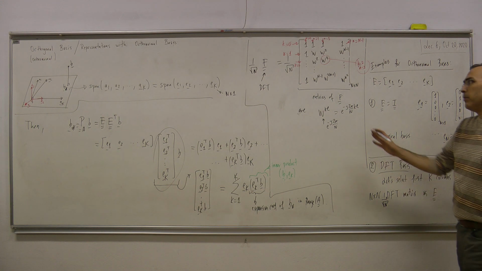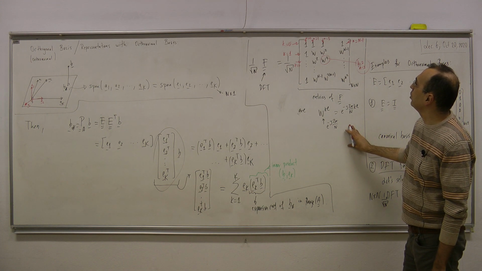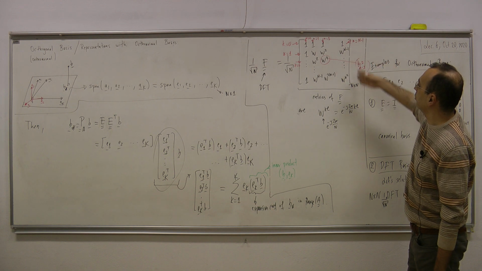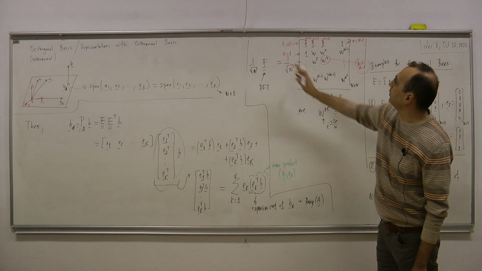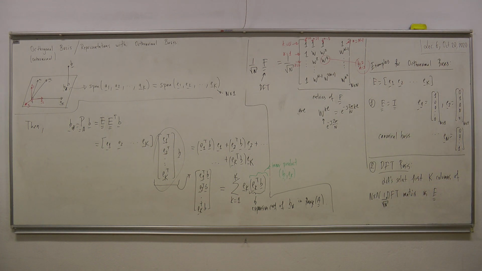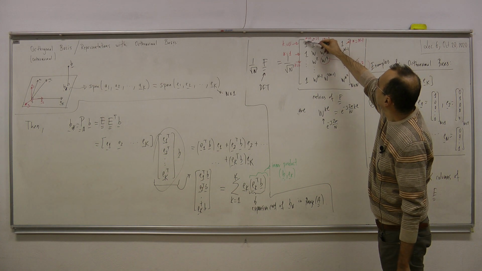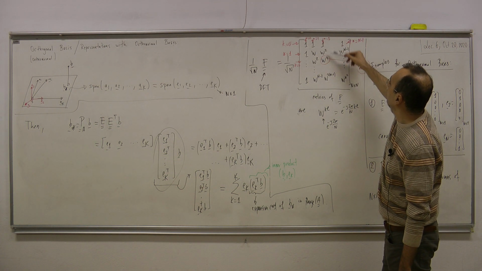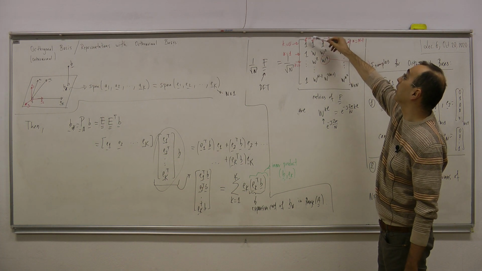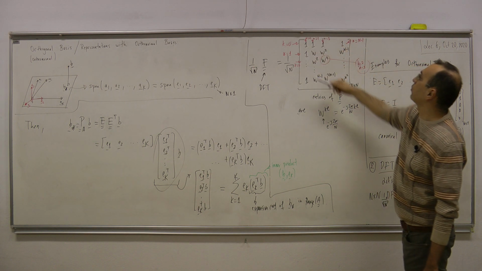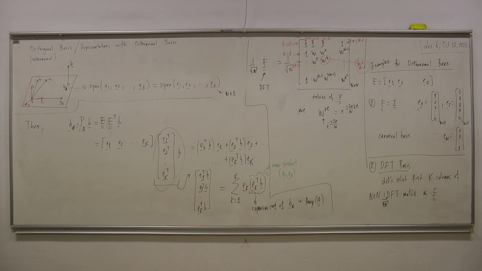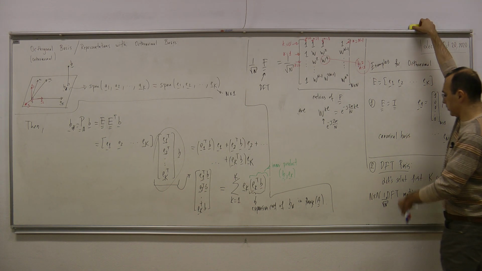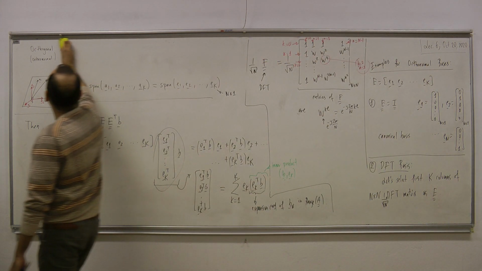It's a very special matrix, and as you know, it maps a time domain input x of n to capital X of k. So now the question is, if I select, for example, the first 3, or first 5, or first 7 columns of this, do I have an orthonormal basis? That is our question.